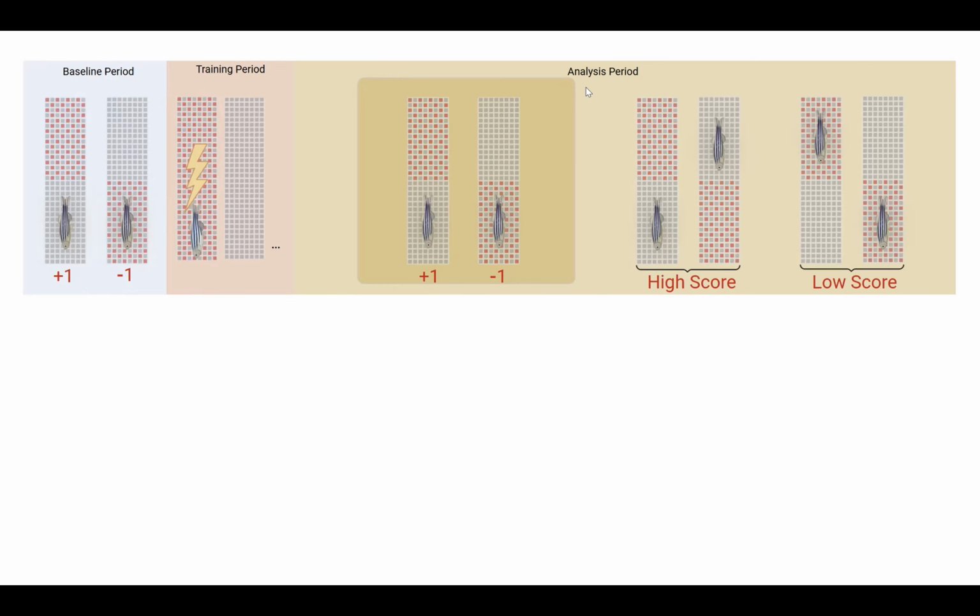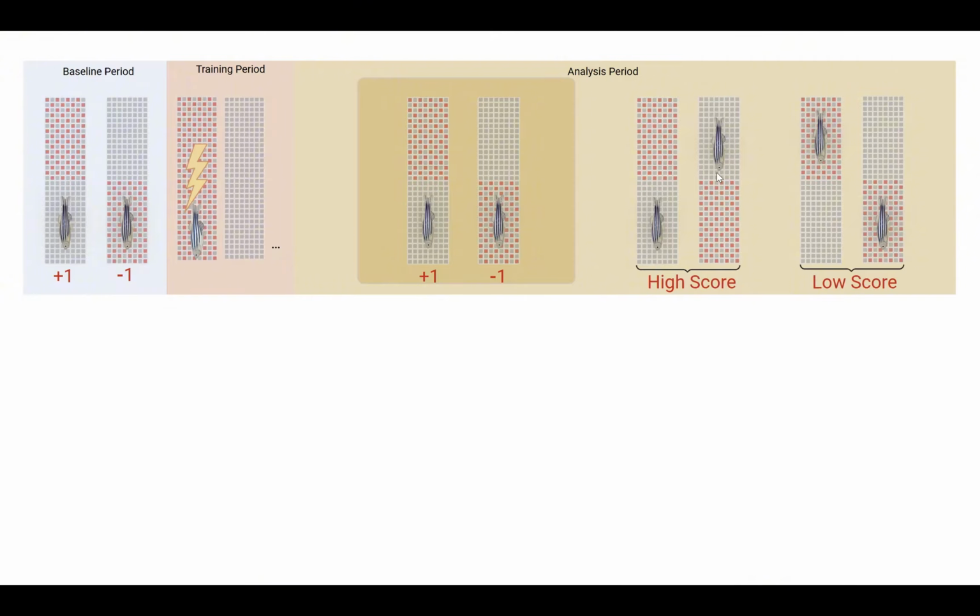During both the baseline and the post-training analysis period, a score of +1 was assigned when the fish occupied the dark region of the arena, and the score of -1 was assigned when the fish occupied the illuminated checkboard region. The average score across each analysis window was then used as the performance index, or PI for abbreviation, with higher values indicating stronger avoidance of the illuminated area.